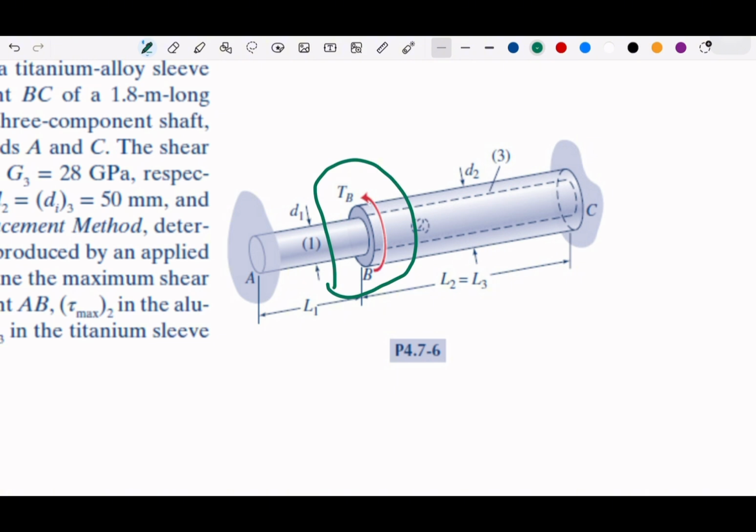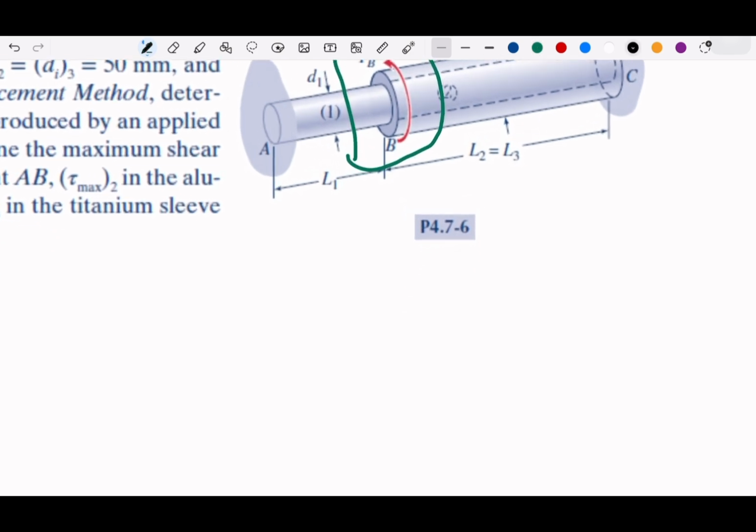So we can basically say that we can have this diagram. Let's say this is element 1, and this is element 3. Element 2 will be inside.